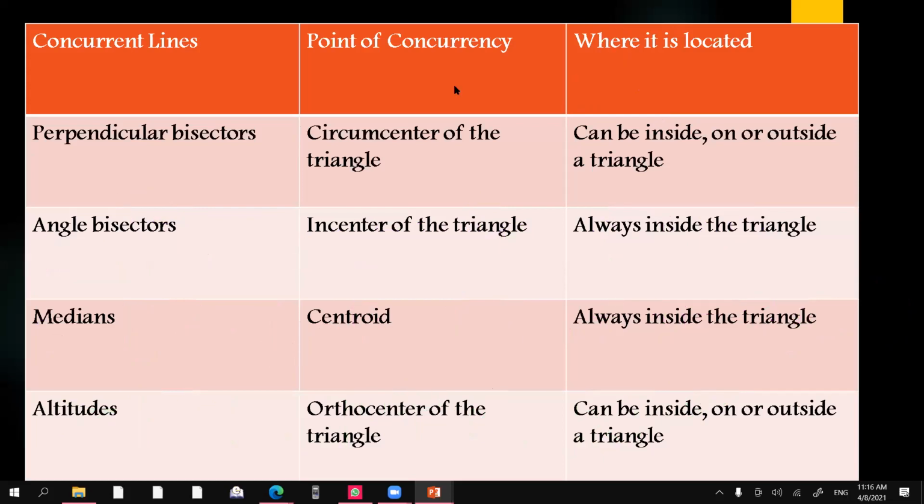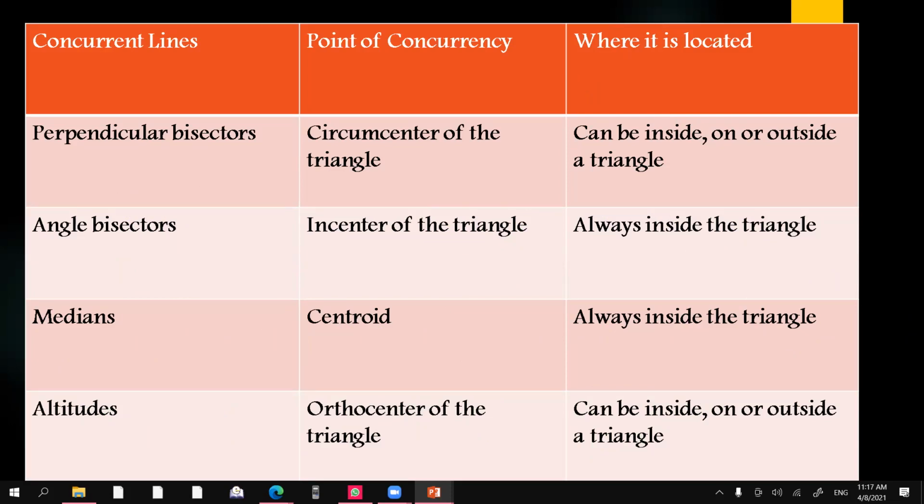So here, let's summarize. What did we say? We said that the concurrent lines in a triangle are perpendicular bisectors, angle bisectors, medians, and altitudes. The point of concurrency of the perpendicular bisectors is the circumcenter of the triangle. For the angle bisectors, it is the incenter of the triangle.